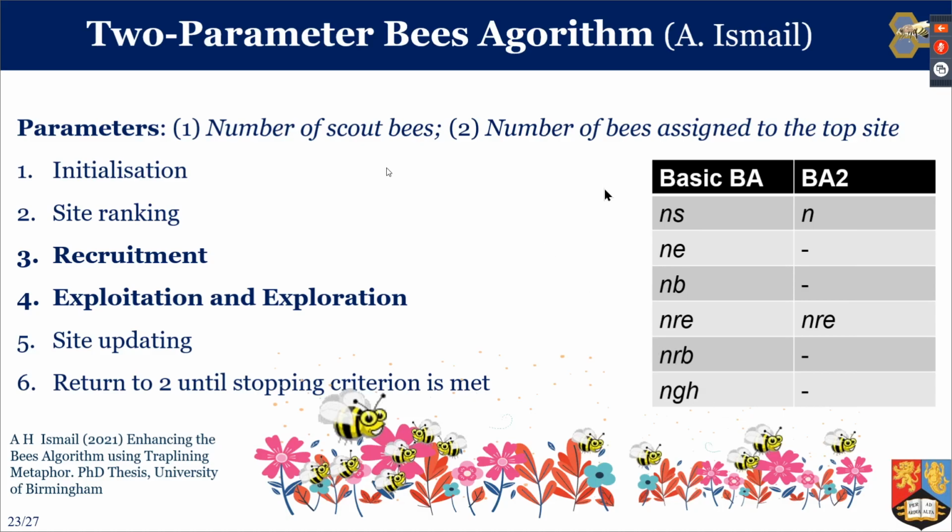There are quite a lot of details that you can follow, and if you like, you can read Azru's thesis, or there is a chapter that he has written from his thesis, and you can also read that. So that is to address the problem of the number of parameters of the Bees algorithm. Instead of having 6 or 7, we now have only 2 or 3.